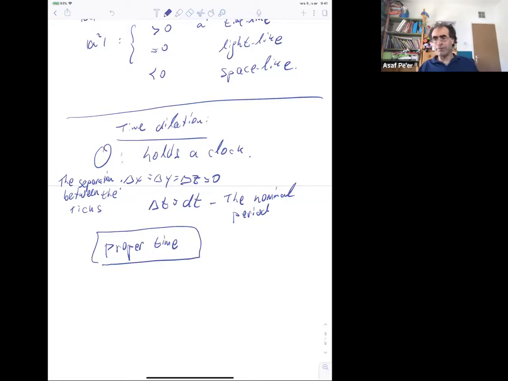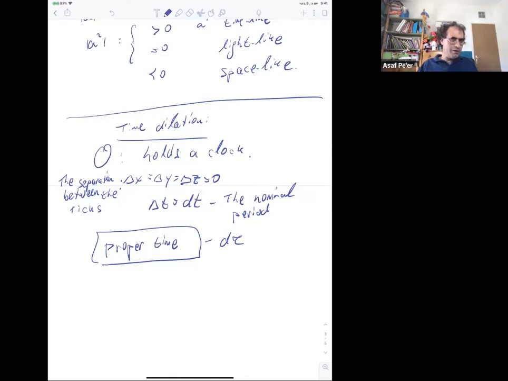But from the point of view of the particle, it's not moving at all. So the proper time is denoted by d tau, just to discriminate between t and tau.